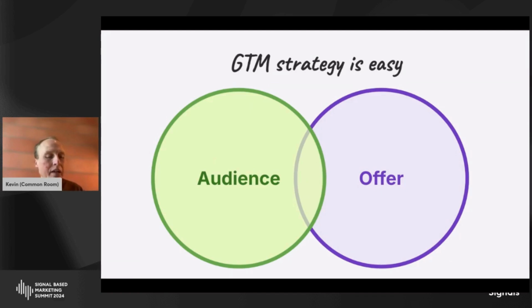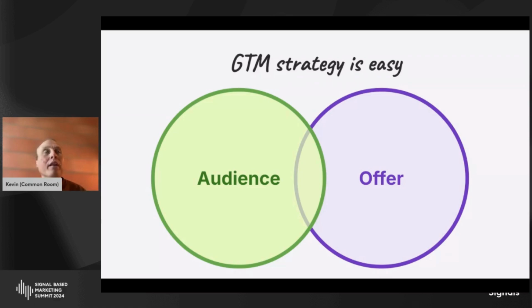What this is surfacing is, one part of the Venn diagram is your audience. I would classify audience by not only the traits that make up someone who would be a good candidate for your product, but also the signals that they are communicating, whether it's website visit or product activity or what have you. Combining those two things makes up the audience circle of the equation, and the other part is the offer.